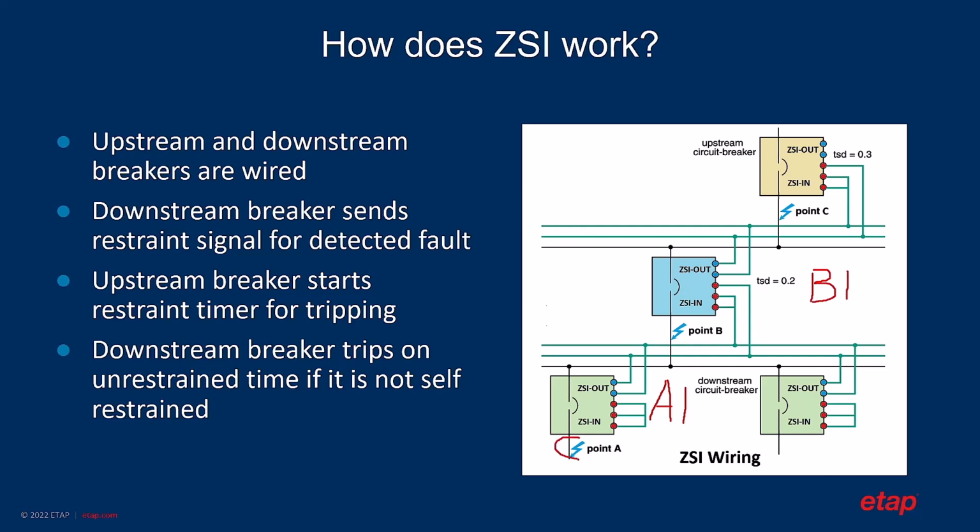So when we have a fault at this point, point A, A1 detects the fault, and now it sends a restraint signal through the output, and B1 receives the restraint signal from the input, so it starts the restraint timer. At the same time, breaker A1 trips based on unrestrained time, and then if the fault is not cleared, the upstream B1 will trip based on the restraint time.